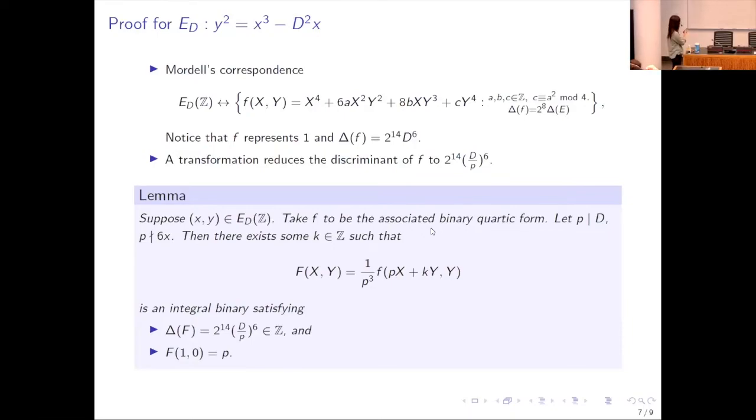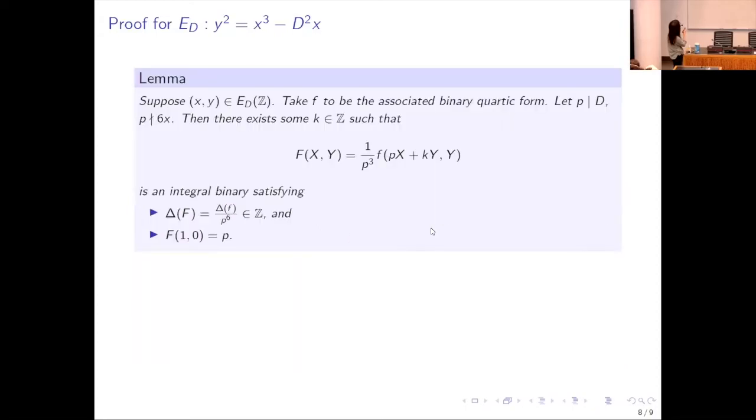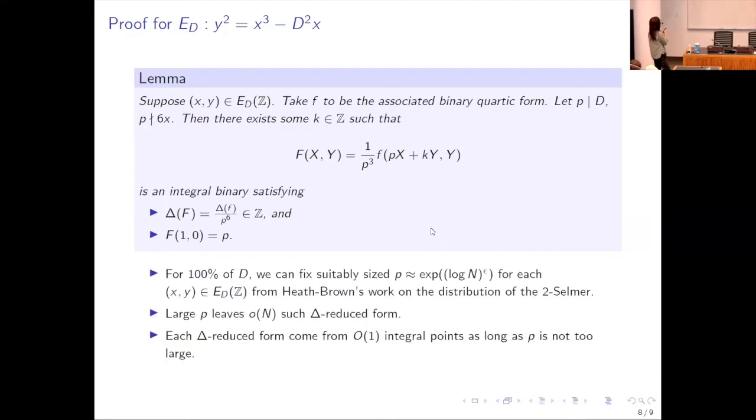So the hard thing would be to show that this choice of P exists in order to get enough savings. If I'm able to find P with some large enough size, then I'm left with little o of n forms.